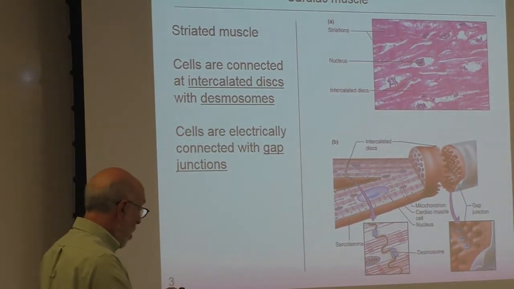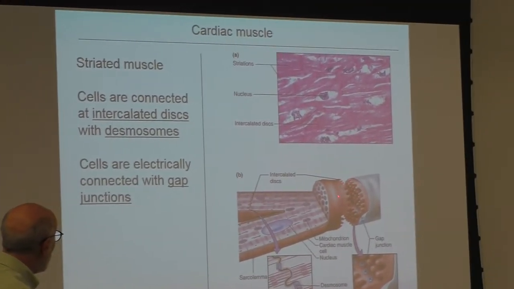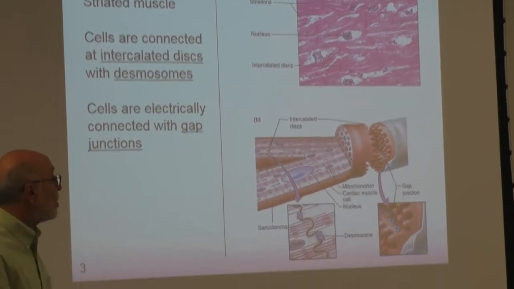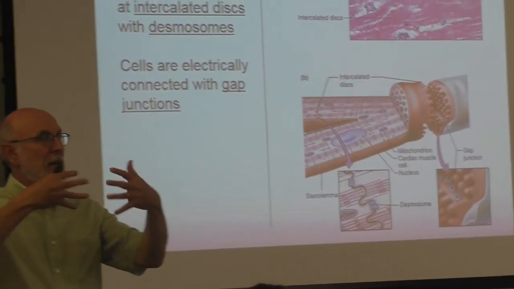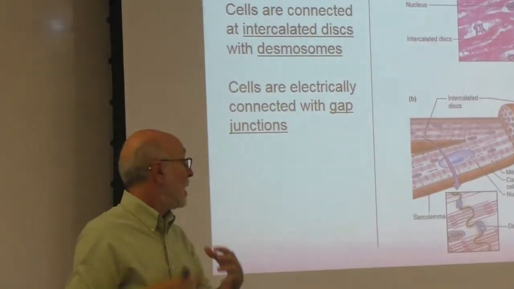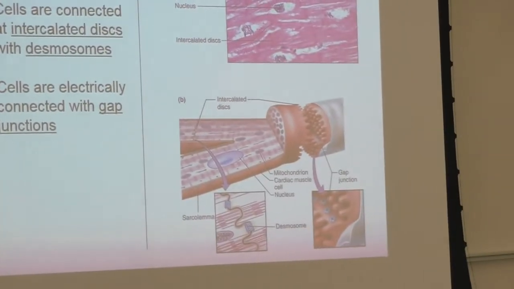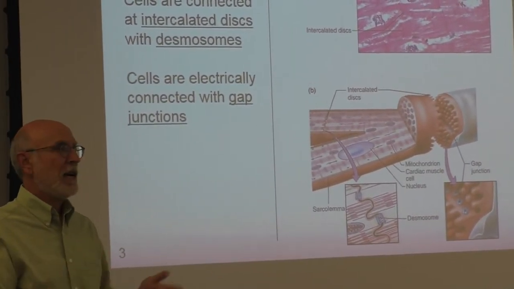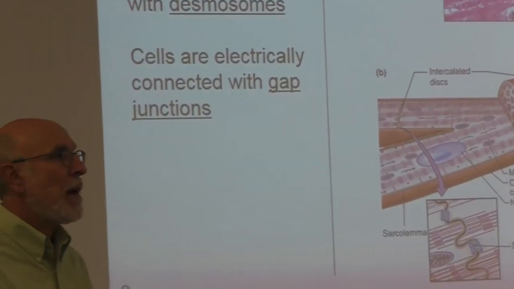But cardiac muscle cells, so this is supposed to be a cartoon of a junction between two cardiac muscle cells, this interdigitating membrane making a connection between two muscle cells. So the cardiac muscle cells are individual cells, each with their own nucleus, each with their own plasma membrane.